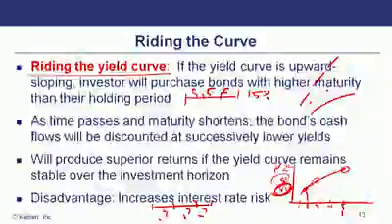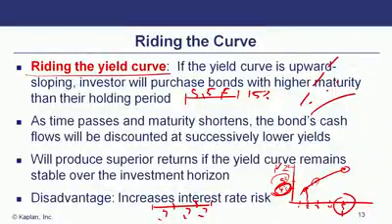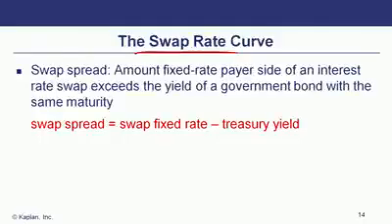Then you buy a longer-term bond and hold it till your holding period is over, and then you sell it. But remember, the longer the bond, the greater the price risk. If interest rates were to move up, the value of your bond is going to fall more. So it's not like this is a risk-free maneuver. All right, so riding the yield curve is something interesting enough to keep an eye on going into the exam.